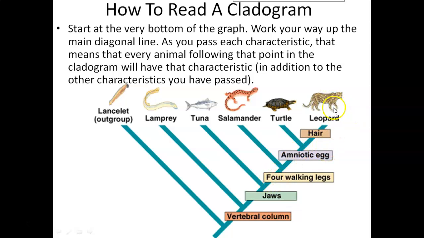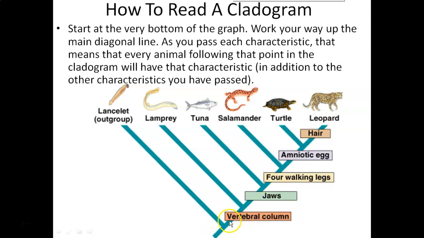Now, the hint as to where to start, you're always going to start on the opposite side of where there's an animal. So notice there's an animal at the end of this main diagonal line here. So I can't start there, I have to start down here. Okay. So what happens is, almost like you were driving down this road, which was my analogy for the next slide, every characteristic you pass, that means every animal or organism after that characteristic will have that characteristic.